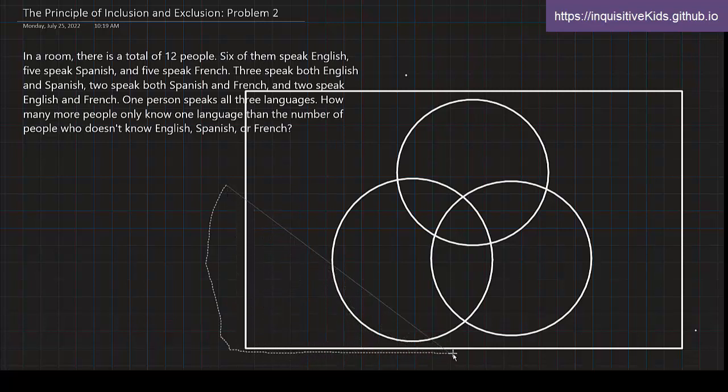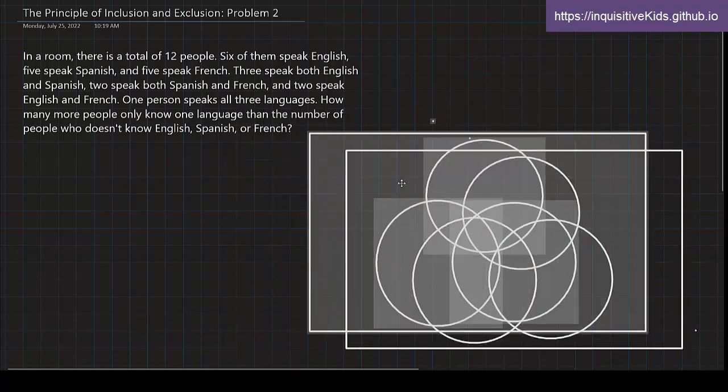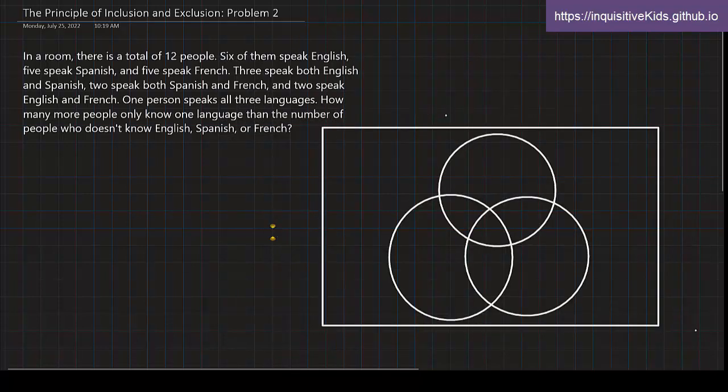Alright, so the reason I'm adding this rectangle is because it's asking how many more people only know one language than the number of people who know no languages. Well, there must be a region for that group of people that don't know English, Spanish, or French.